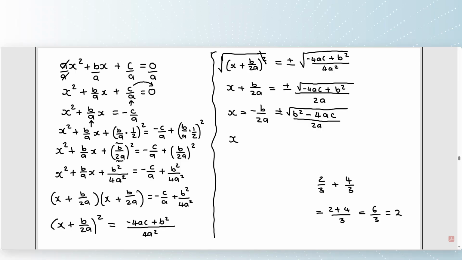So we can just write one denominator and add everything on top. So 2a is the denominator. Then we add everything on top. We have negative b plus or minus the square root of b squared minus 4ac. And that is the quadratic formula.